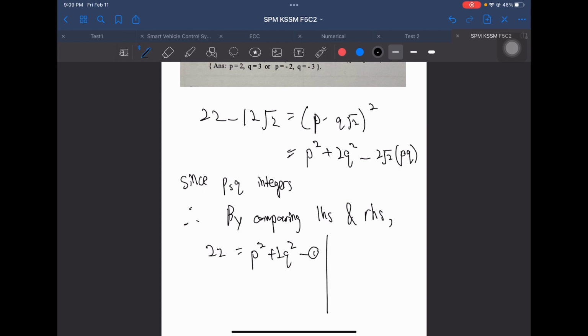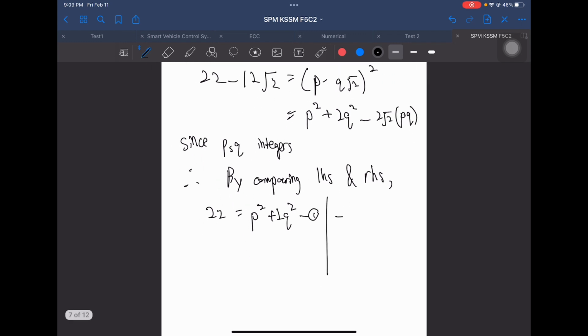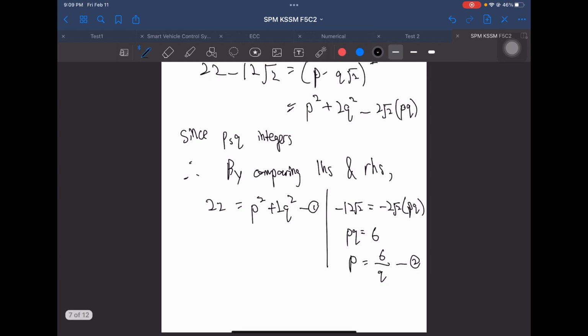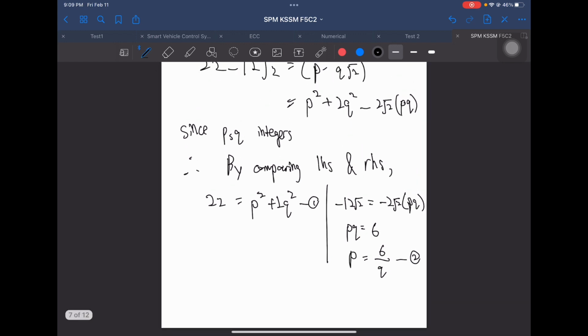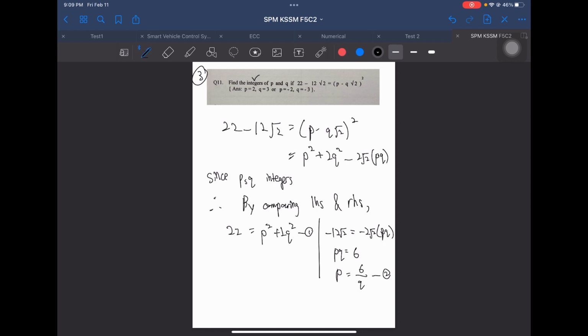And then you get negative 12 square root 2 equals negative 2 square root 2 pq. So pq equals 6, p equals 6 over q, which is the second equation. The hard thing about KBAT is that you need to relate it and form two equations. When you successfully form the right equations, everyone can do it.